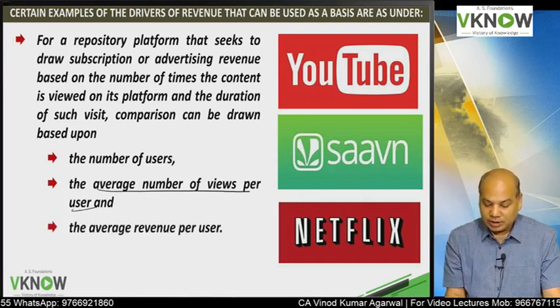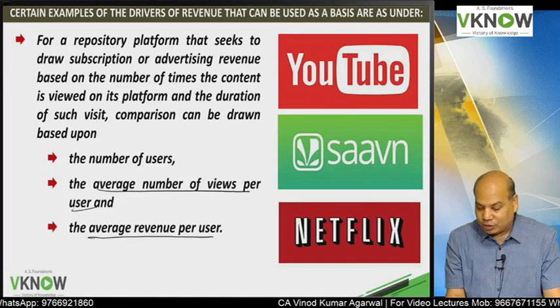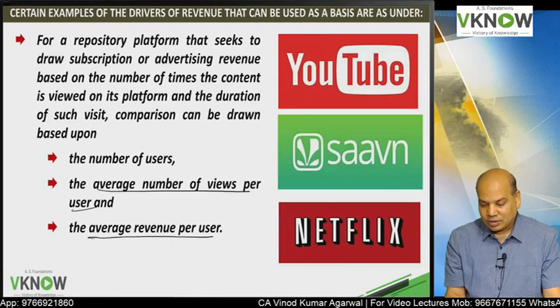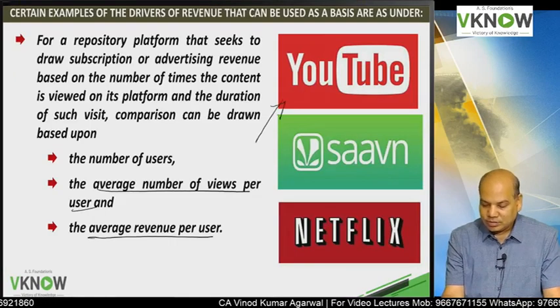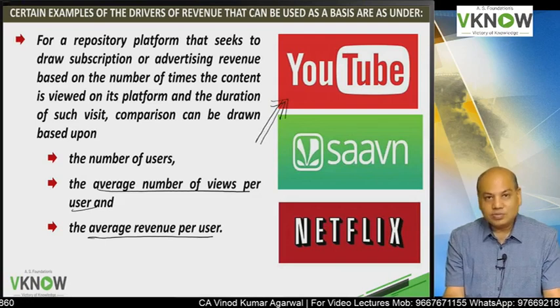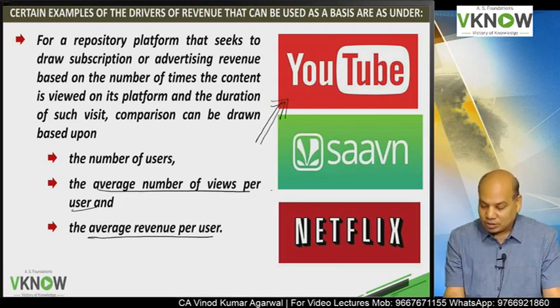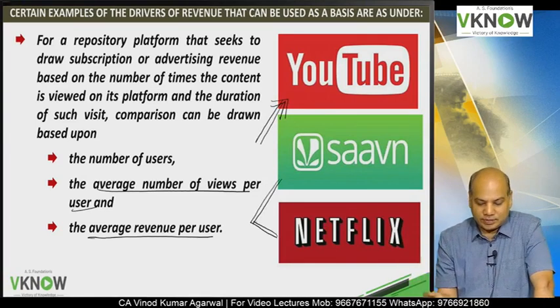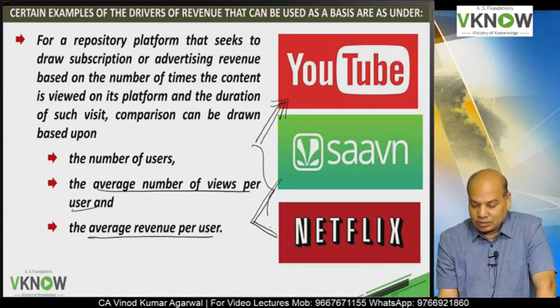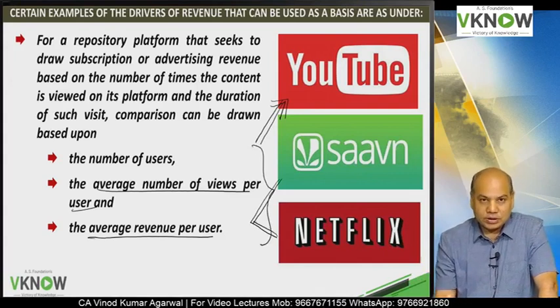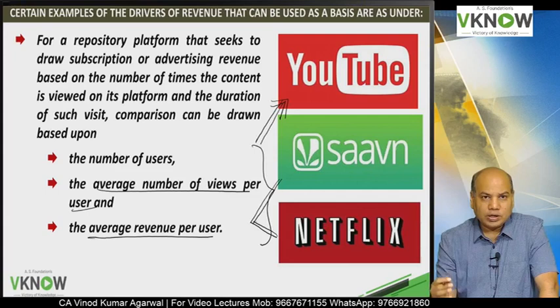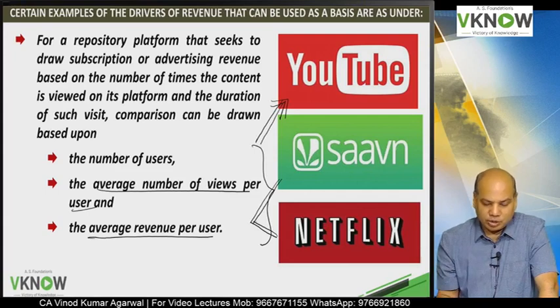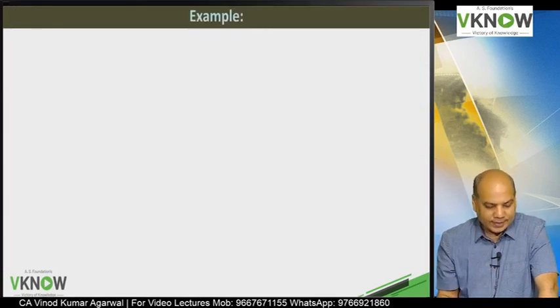All this detail they maintain. YouTube is free, but they also have a premium service. Netflix, Saavn, they charge some amount from users per month. Then they have a list of registered users. All this goes into the valuation of such repositories, right?